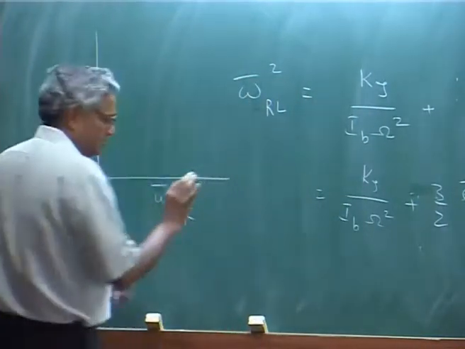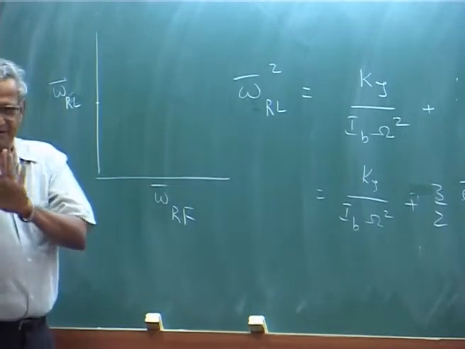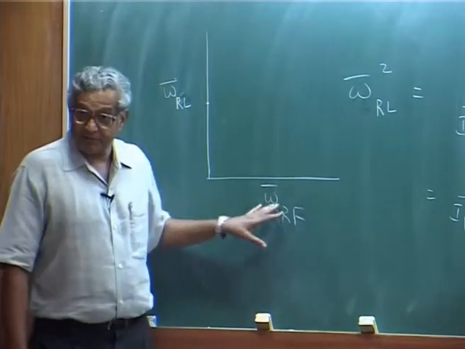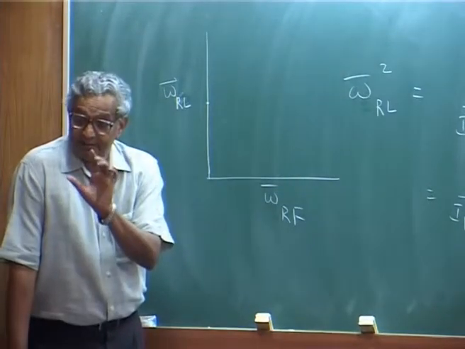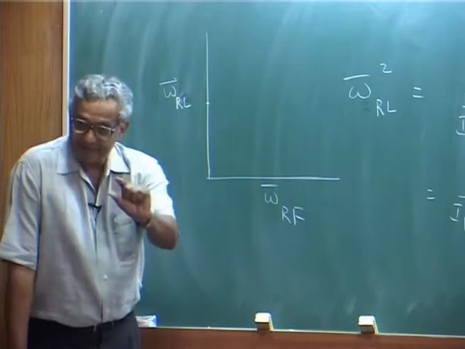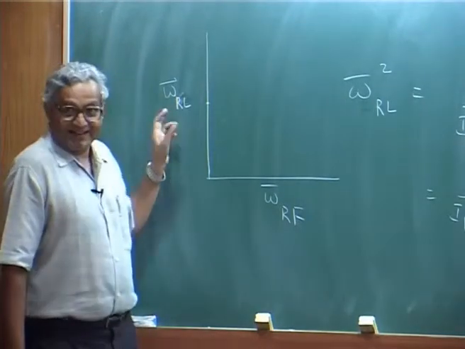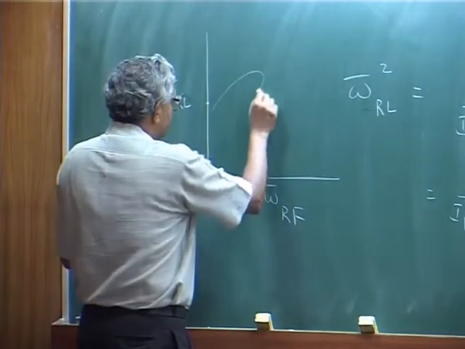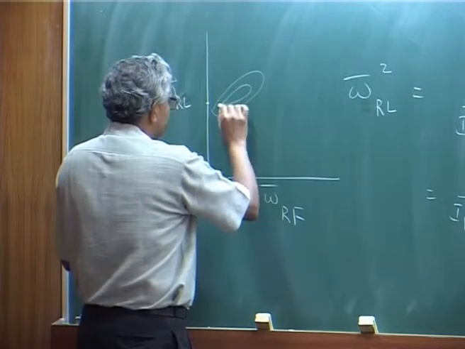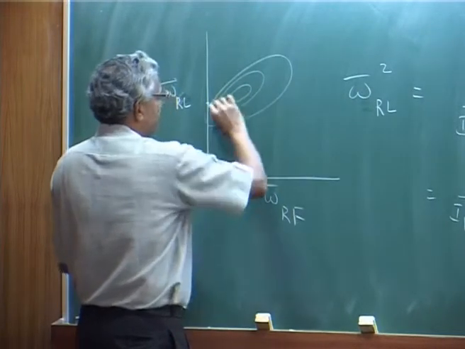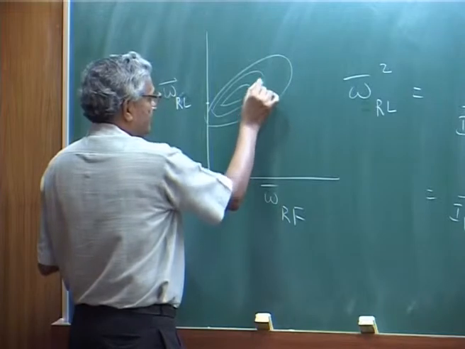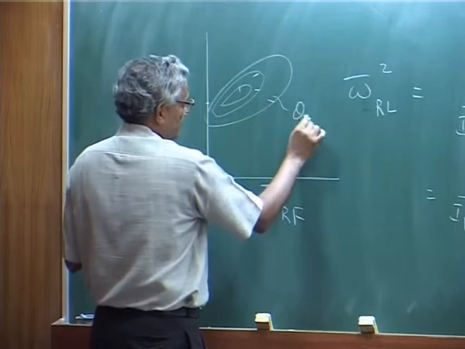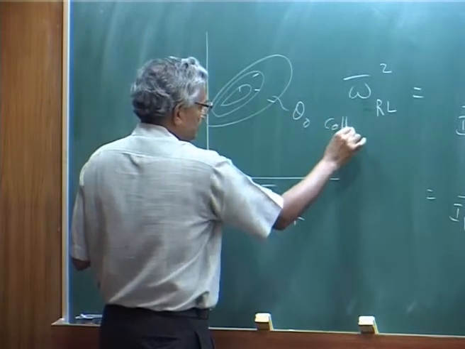Here the instability zone will be drawn, a very crude approximation. This is the rotating flap natural frequency, and this is the rotating lag natural frequency, and there will be some kind of curves like this, each one corresponding to some collective pitch angle theta 0.